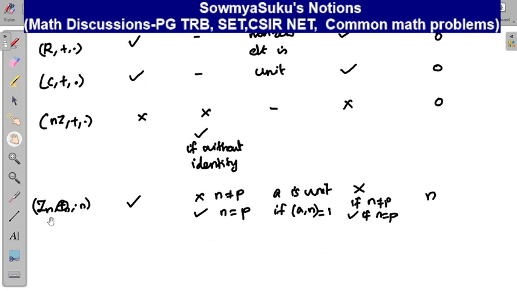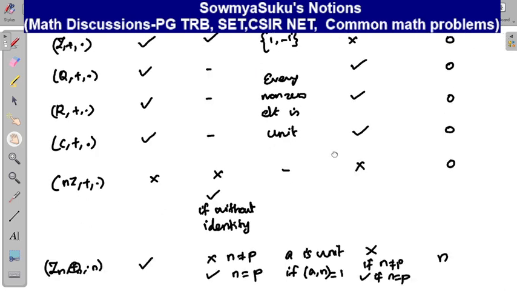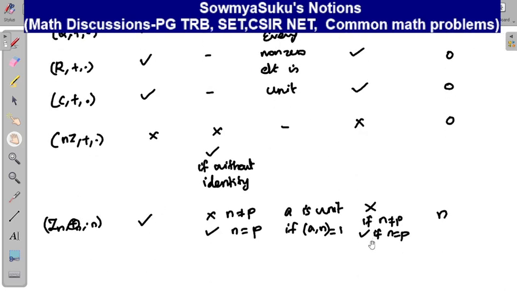And for Z_n with addition modulo n and multiplication modulo n, it is a ring, and the characteristic is n. Here you can see it is a field for n equal to prime, and if n is not prime it is not a field. Then it is not an integral domain for n not equal to prime, and if n is equal to p, then it is an integral domain.